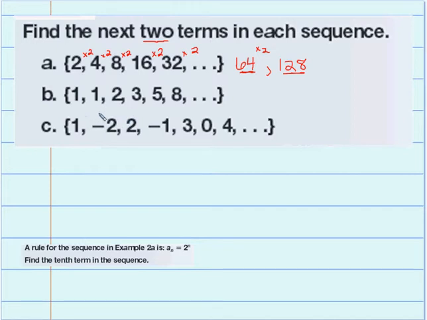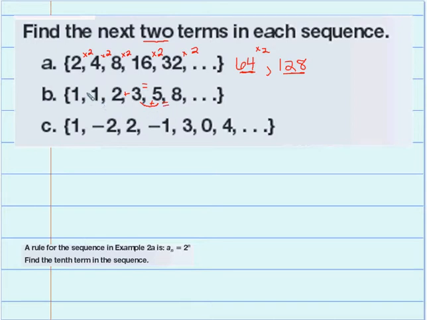Now B might take a little bit more time for you to figure out. So I have 1, then I have 1, then I have 2, 3, 5, 8. So maybe not, if we don't start right at the beginning, if we start in the middle, we can see that 2 plus 3 equals 5. And if I add 3 plus 5, I get 8.